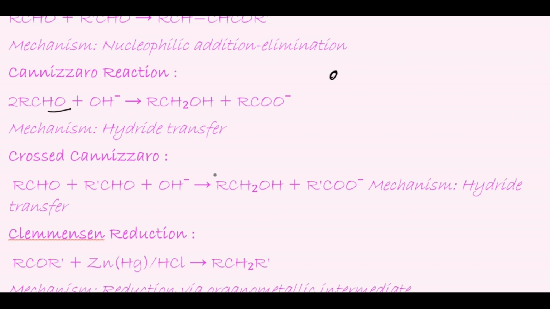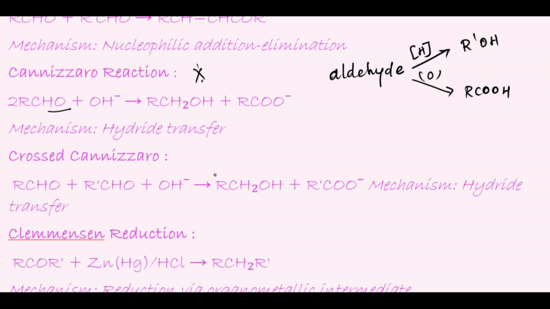So aldehyde, upon reduction, it will give alcohol, right? Upon oxidation, it will give carboxylic acid. What is disproportionation reaction? Same reactant will give reduction product also, oxidizing product also. The same thing happens over here.